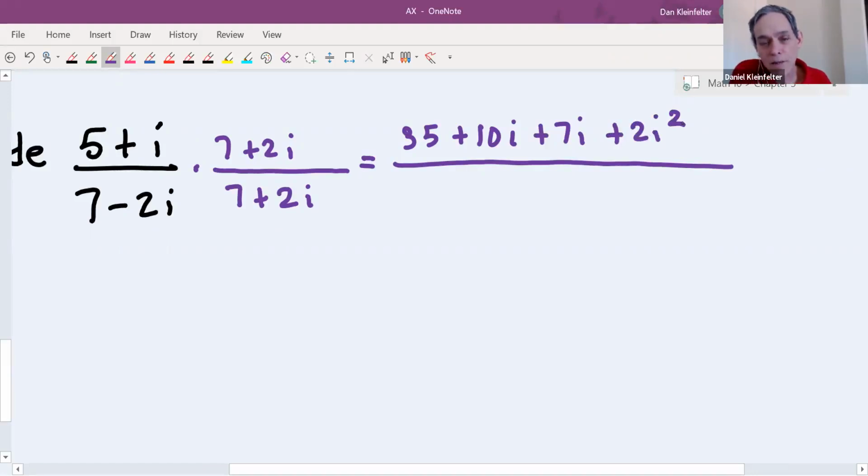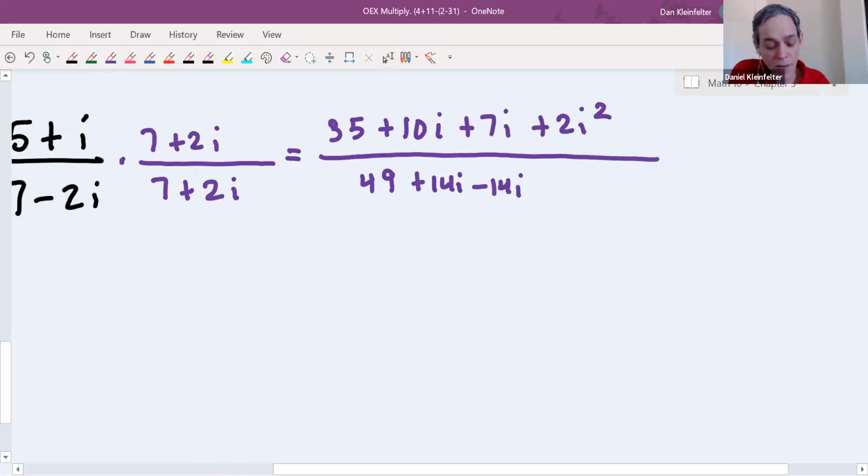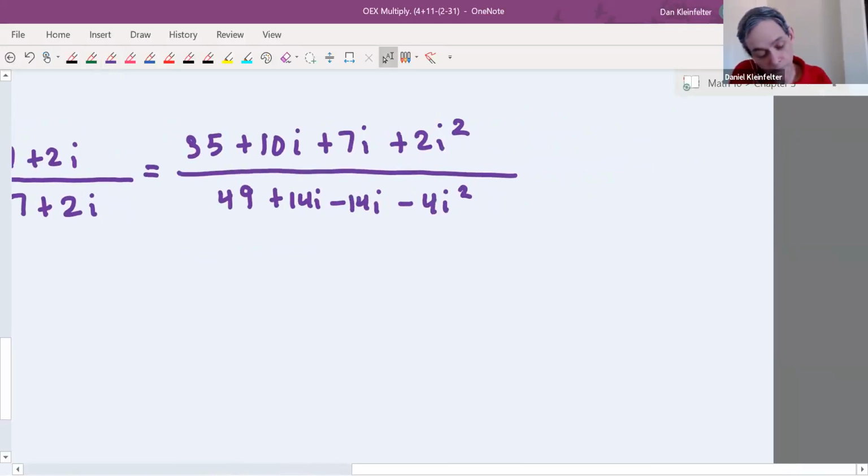Okay, down below, 7 times 7 is 49. Our outers are 14i. Our inners are minus 14i. Those will add up to 0, like before. And then we'll have minus 4i squared.